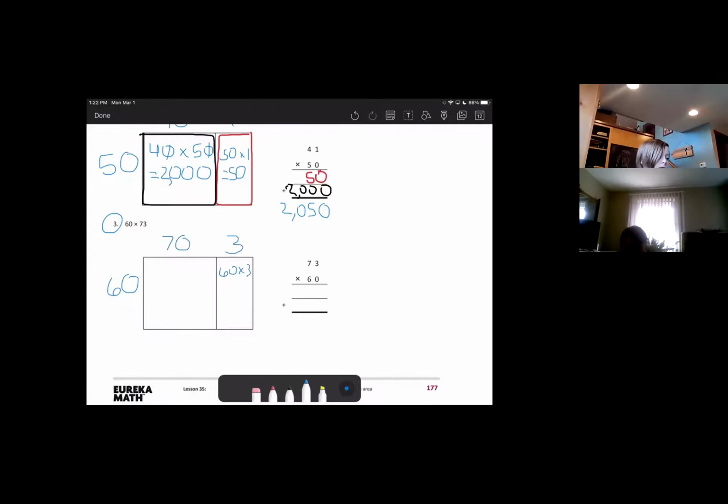Take away the 0 and put it into your answer. Then 6 times 3 is 18, and then you get 180 for that. Then 60 times 70, we have to take away the zeros, put them in our answer. Then 7 times 6 is 42, so we get 4,200. Then we put both of our answers.